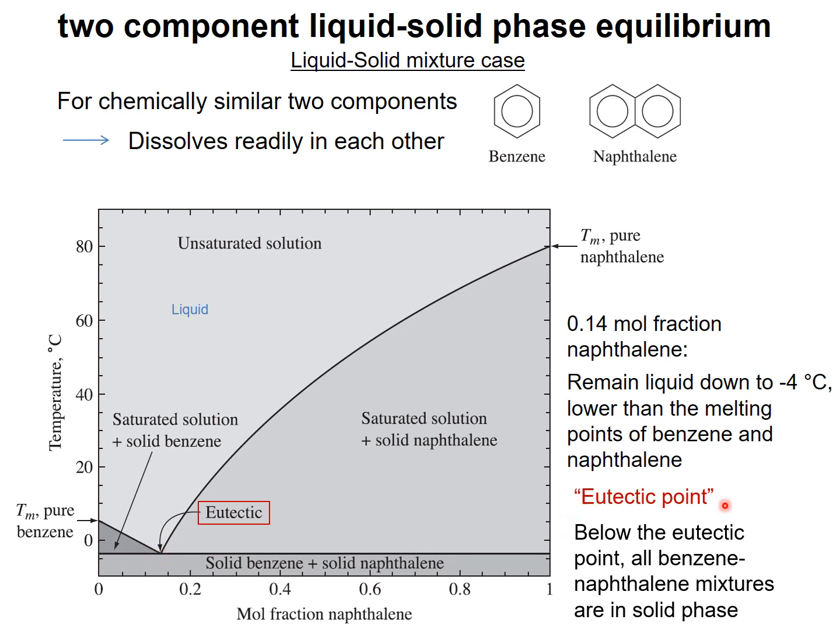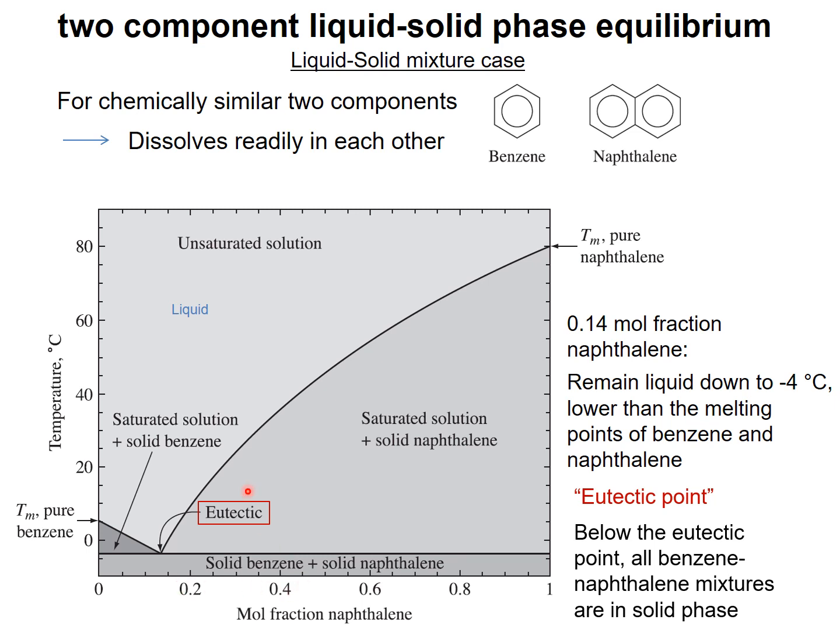Below the eutectic temperature, all benzene and naphthalene mixtures are in the solid phase. Look at this area. In this area, you have a single phase, which is solid. In any mixture between benzene and naphthalene, all of them go to solid.